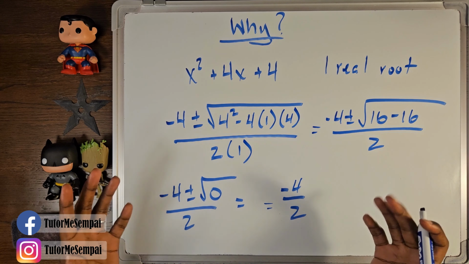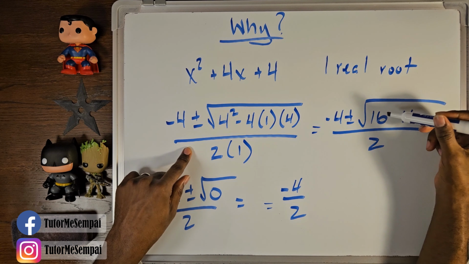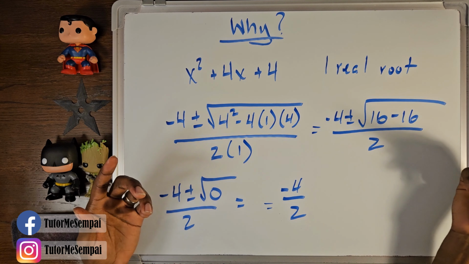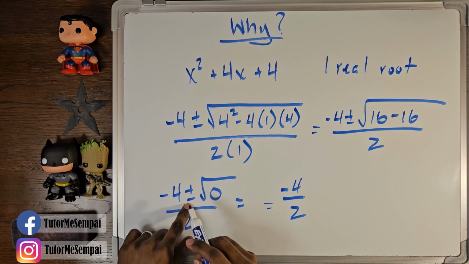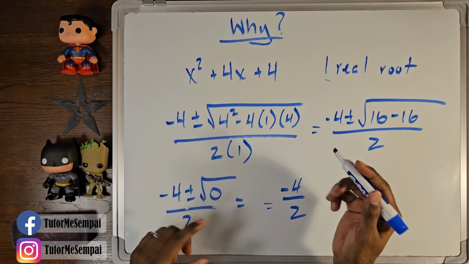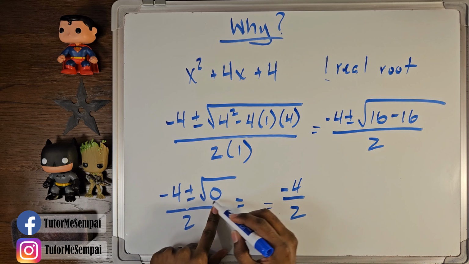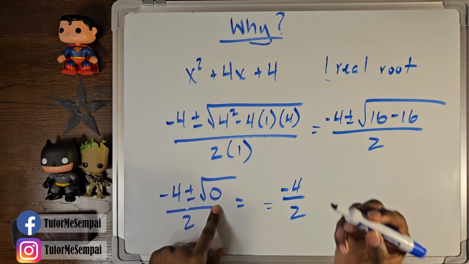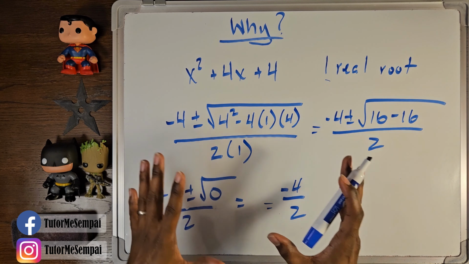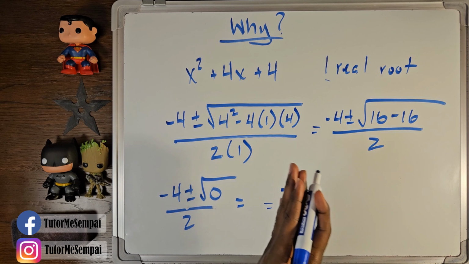Now, why did this happen? Well, notice that this 16 minus 16 canceled out. And by doing that, we no longer have anything to plus or minus to this real number on the outside. And notice that the thing that gave us a 0 underneath our radical was the discriminant. That means that the discriminant is going to be the most important part of the quadratic formula when determining the nature of your roots.